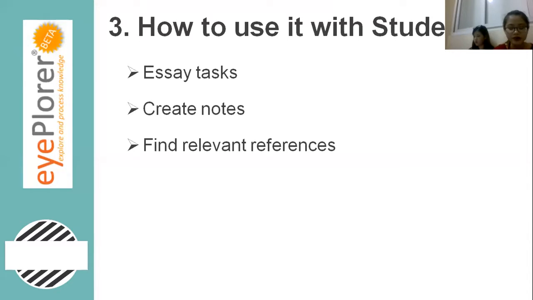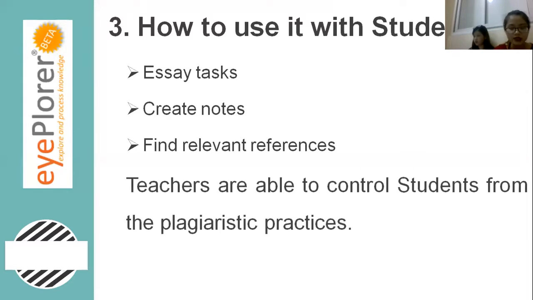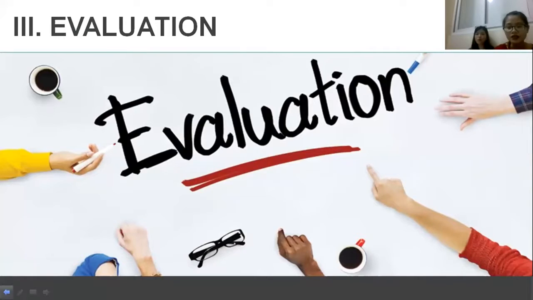According to the above mentioned ways to use iPower with students, this application plays a pivotal role in allowing teachers to lead students away from the more plagiaristic practice of copying and pasting directly from other online works, because in the whole process, students have to create notes, generate essays, and search for references by themselves, besides the useful guidance from teachers. And now we'll move to the last part, called evaluation.